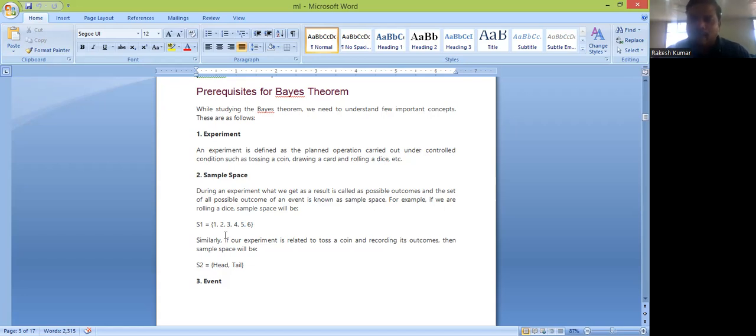Similarly, when we are tossing a coin, there are two possibilities: either we get head or we get tail.